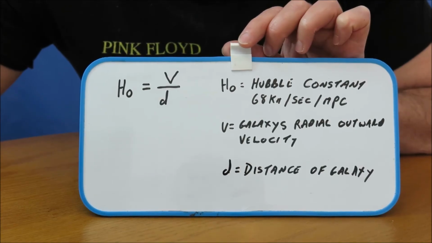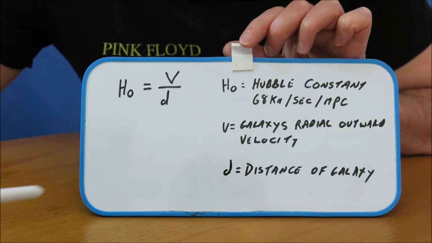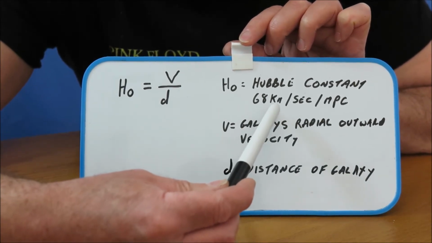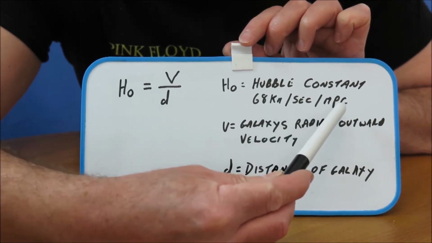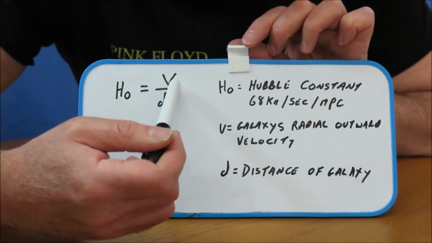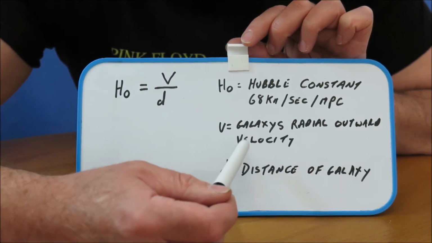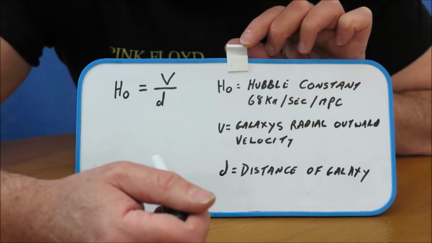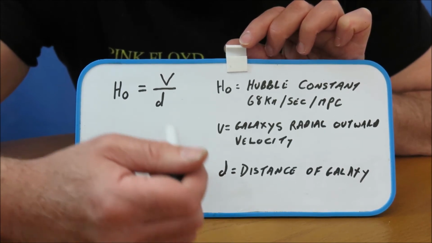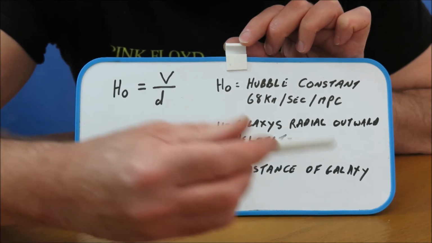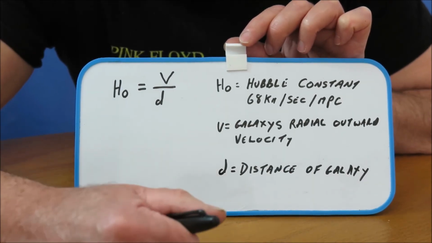Using the information that Hubble had, he developed an equation which said H0, which is the Hubble constant of 68 kilometers per second per megaparsec, equals V, which is the galaxy's radial outward velocity, so that's the speed it's moving outwards, divided by D, which is the distance of the galaxy away from the reference object.